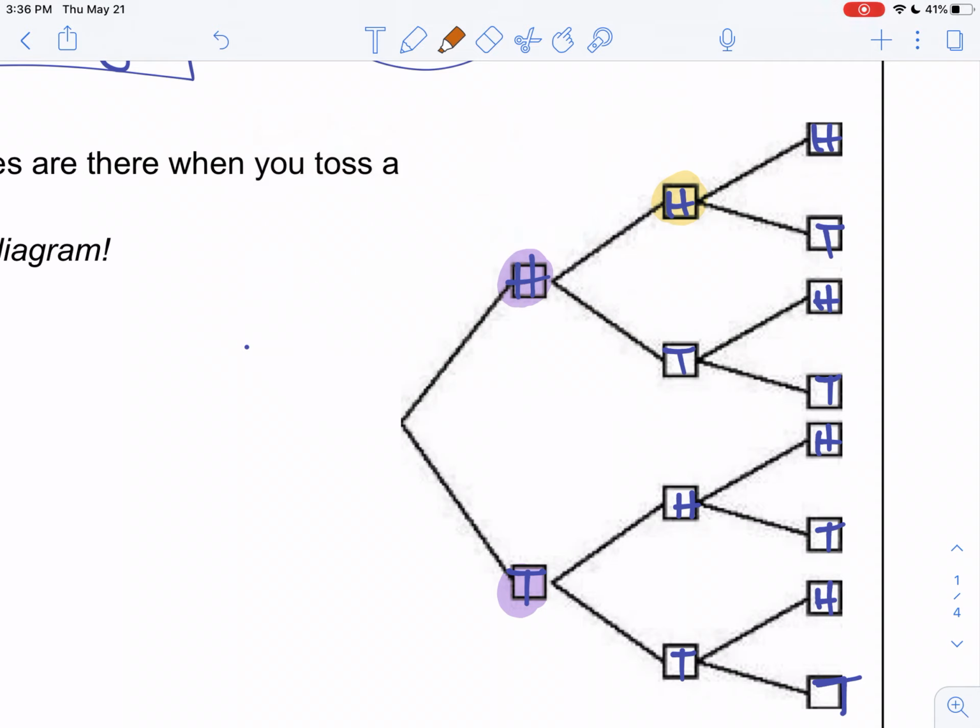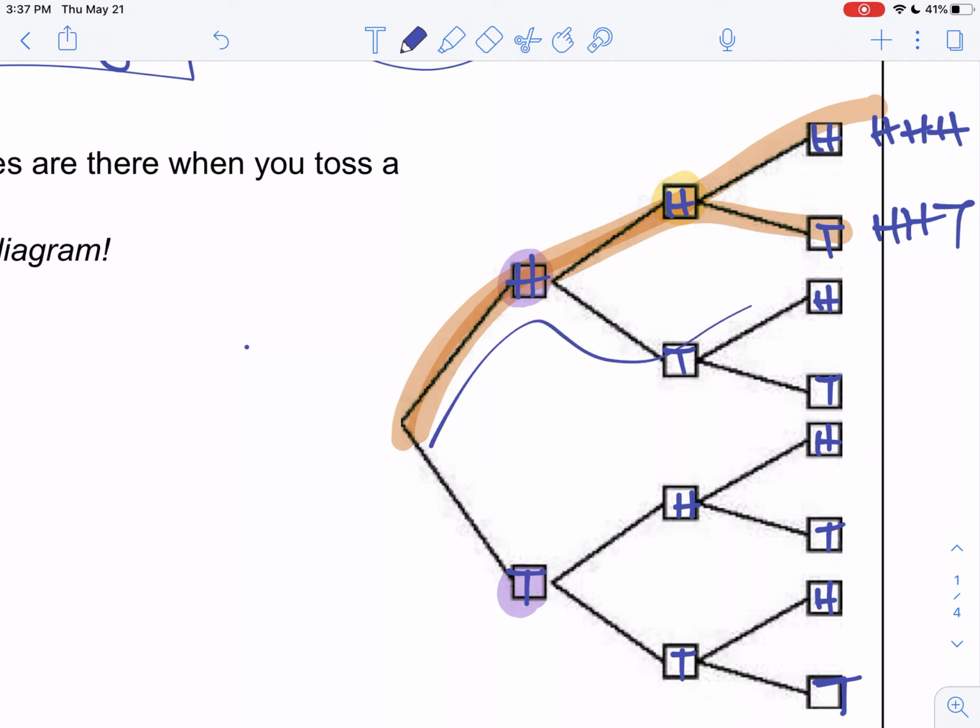So if I toss a coin 3 times in a row, I have one possibility of getting heads, heads, heads. Another possibility is heads, heads, tails. And then I have heads, tails, heads, heads, tails, tails, and so on.